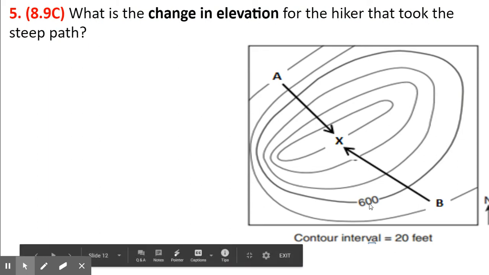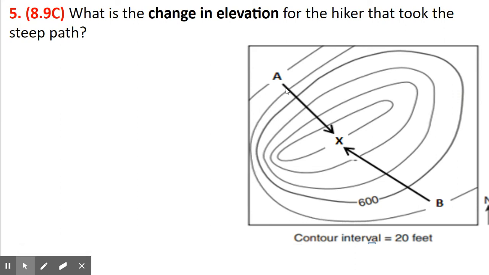So if they tell you that this contour loop is 600 feet and we're increasing to the top, we can understand that this elevation here where hiker B is at would be 580 feet. So if we follow that around here, this would be 580. So hiker A would be at an elevation of 560 feet.